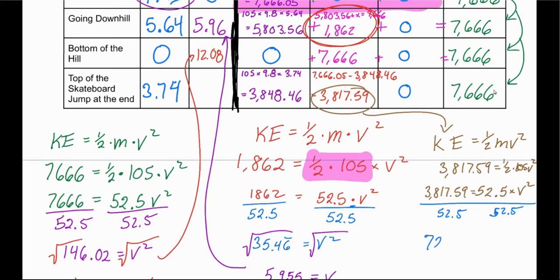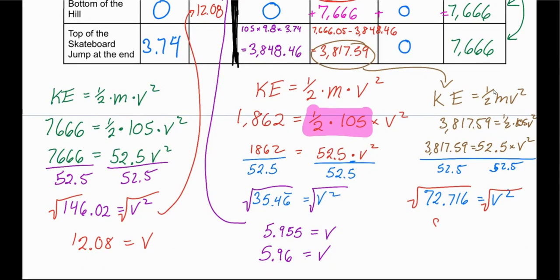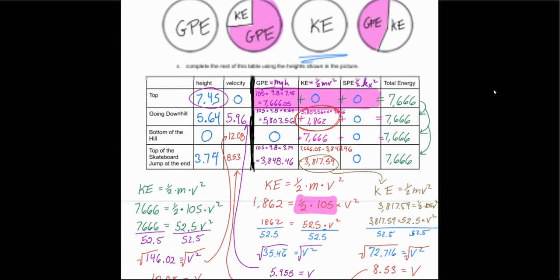I get 72.716 is equal to v squared. Opposite of square is square root. And I get 8.53 is equal to my velocity. And there we are.